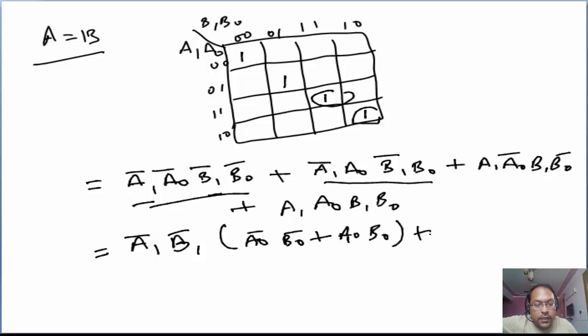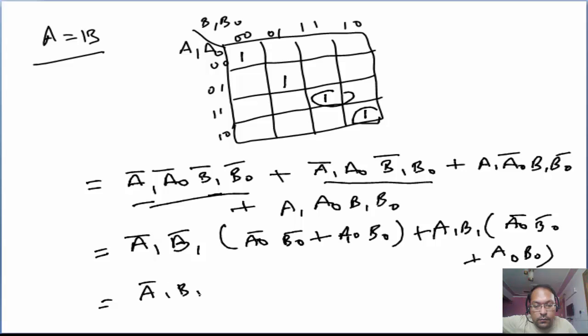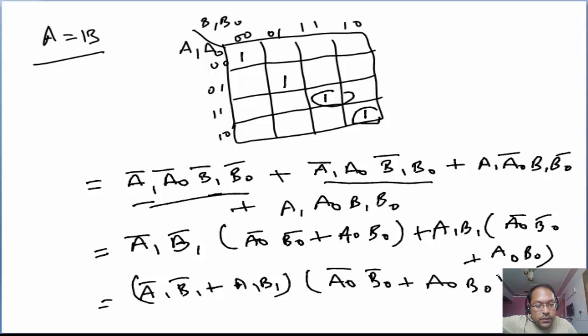Similarly, here also we can take a1 b1 common, so a1 b1, the leftover will be a0 bar b0 bar plus a0 b0. This can be written as a1 bar b1 bar plus a1 b1, into a0 bar b0 bar plus a0 b0.